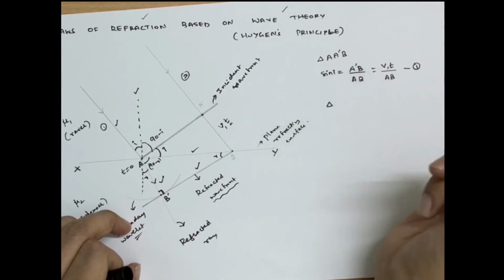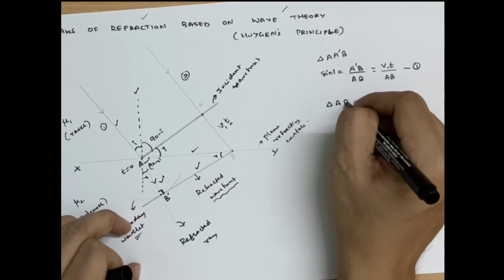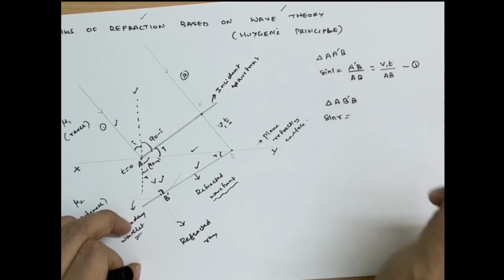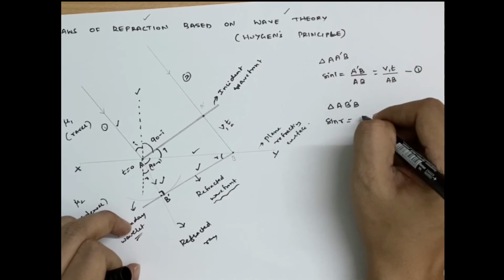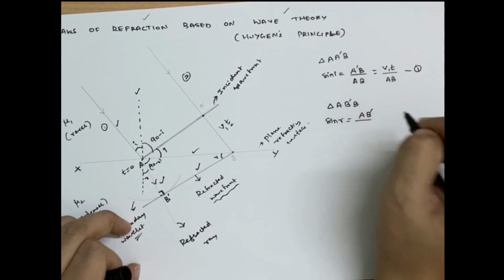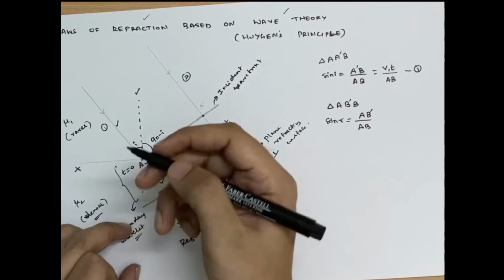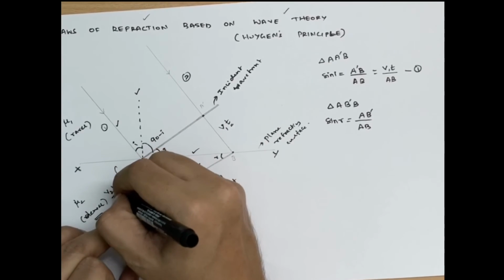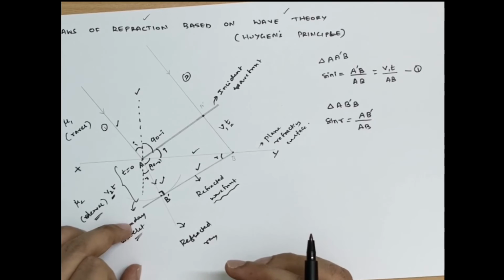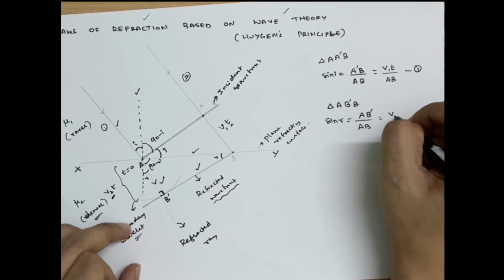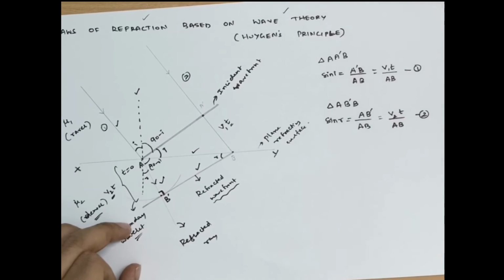Similarly, if you consider the triangle A B dash B in the second medium, then the sine of the angle of refraction is given by AB dash divided by AB. This AB dash is going to be a distance of v2 into t, where v2 is the speed of the light in the second medium. So sin R is nothing but v2t divided by AB. Let's take this as equation number 2.